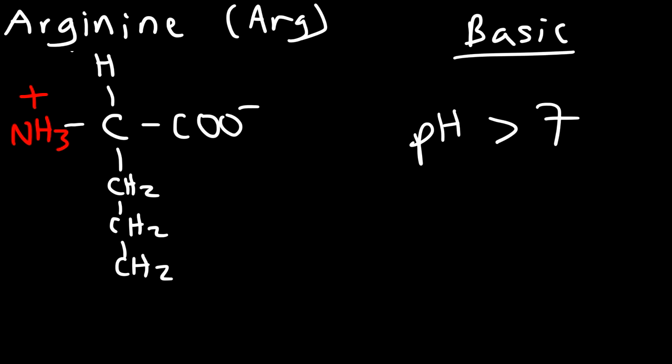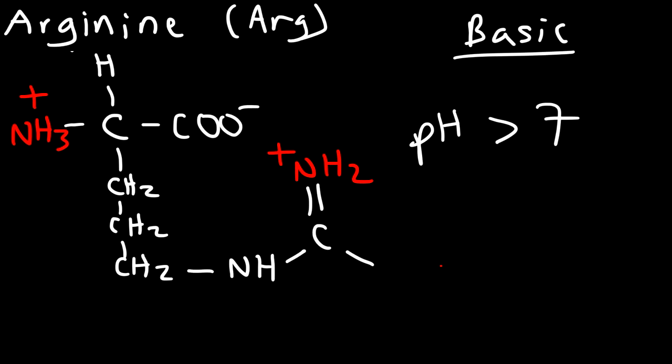Now arginine is going to be somewhat similar to lysine in that it's basic, but there's going to be some differences. Instead of having 4 methylene groups, it's going to be 3 methylene groups, and then it's going to be attached to an NH group, followed by a carbon, double bonded to an NH2 group with a positive charge, and another NH2 group.